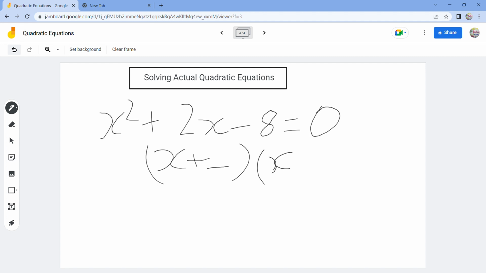Okay, so this is x plus something times x. Now, because there's just a minus over here, it's x plus something times x minus something. Like, because minus equals plus times minus.